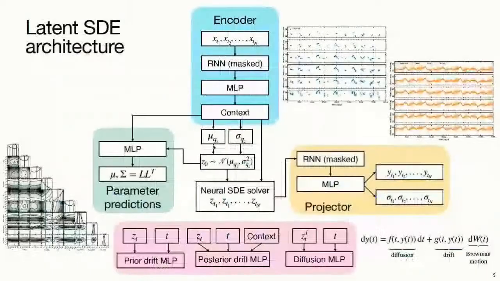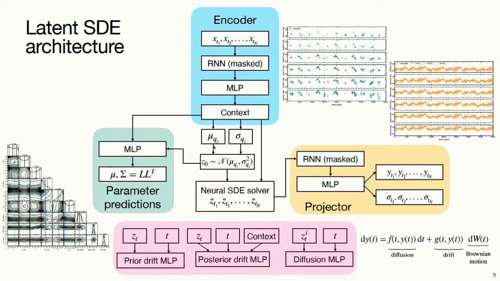Here is a brief overview of the architecture of the neural network. Come talk to me after if you want me to go through it in detail, of course. Basically, this works similarly to a variational autoencoder. We have this encoding section, where we encode the observations down to some context using an RNN, a recurrent neural network.